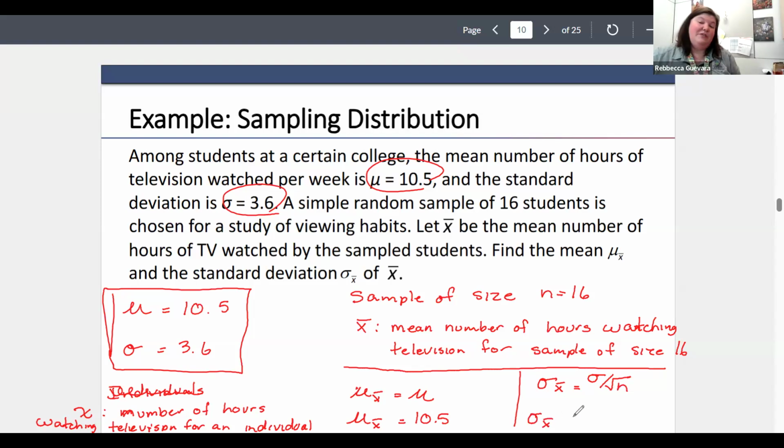So the standard deviation of my sampling distribution is going to be 3.6, because that was my sigma, divided by the square root of my sample size of 16, which is 4. So 3.6 divided by 4 is just going to be 0.9.